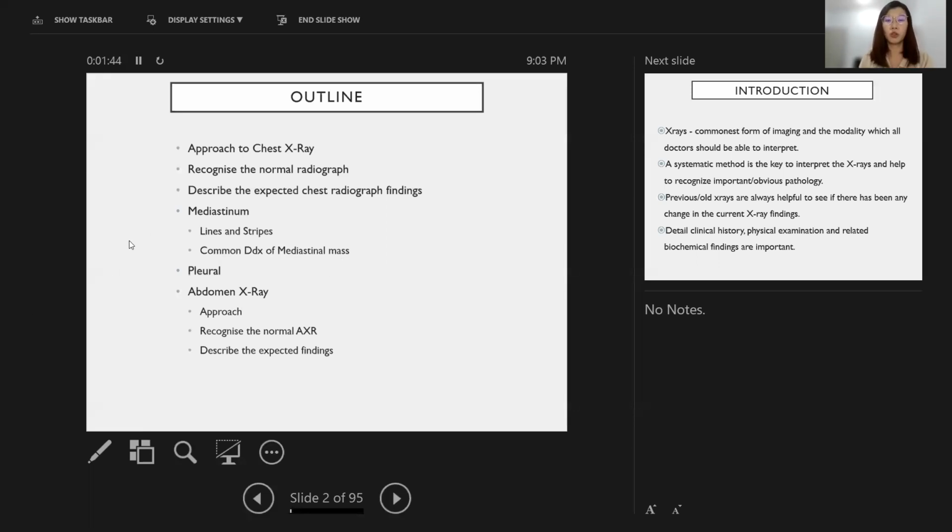Next we'll look at some X-rays regarding pleural abnormality. After that, we go to abdomen X-ray, some simple approach, and then the normal abdomen X-ray, and also revise some expected findings like bowel obstruction, the common abnormalities that we encounter in our clinical setting.